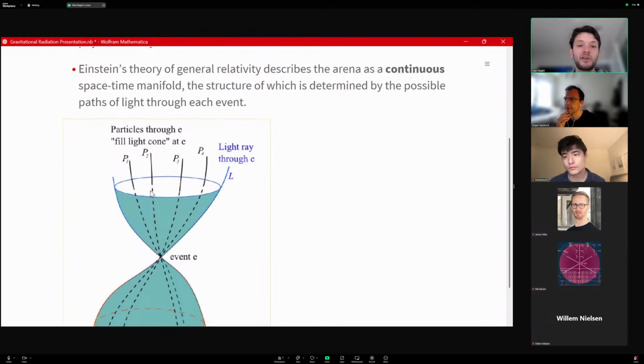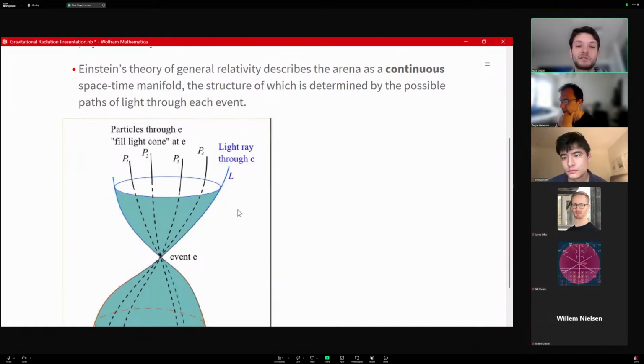And anything within the cone has a positive notion of distance, and anything outside the cones has a negative notion of distance. And that's measured in the Minkowski metric.